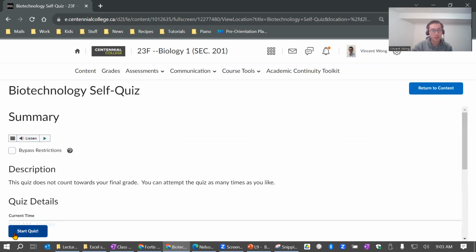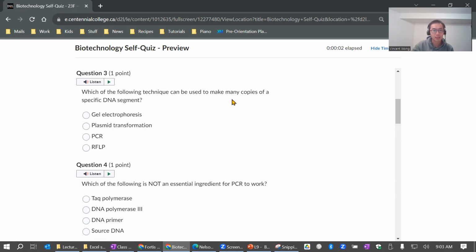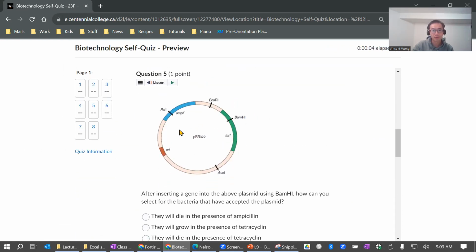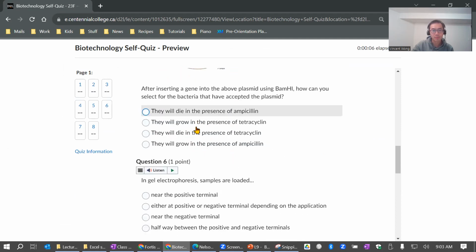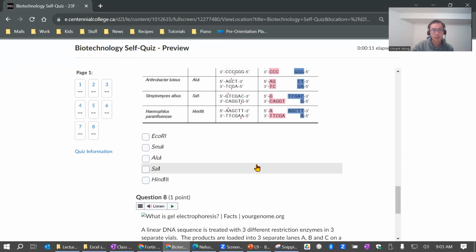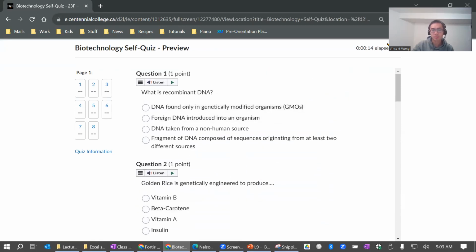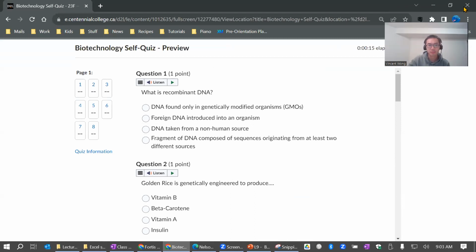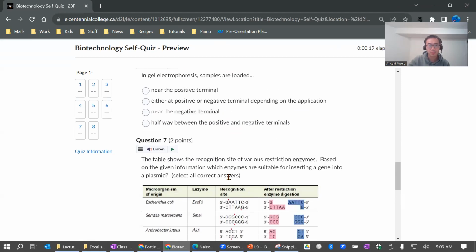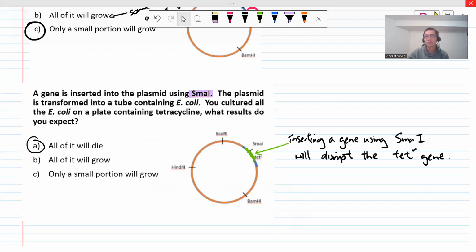On yours it will say start the quiz like this. So there are some good questions here that you should try out, right? So look, there are plasmid questions. These questions are very similar to what you will be seeing. Okay, so at least try them out. Make sure you have some good understanding of it. Okay, I'm just gonna turn that off. Done.